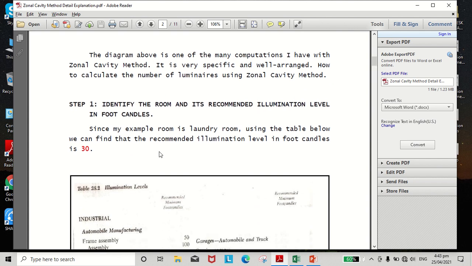Step 1 is to identify the room and its recommended illumination level in foot candles.